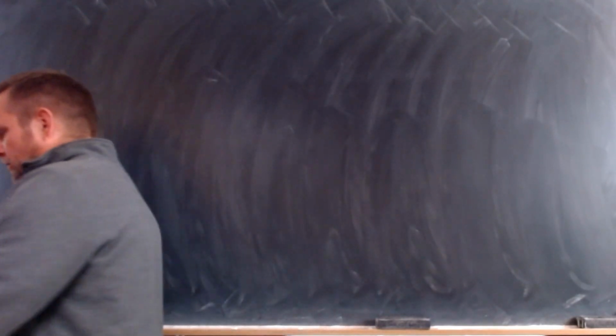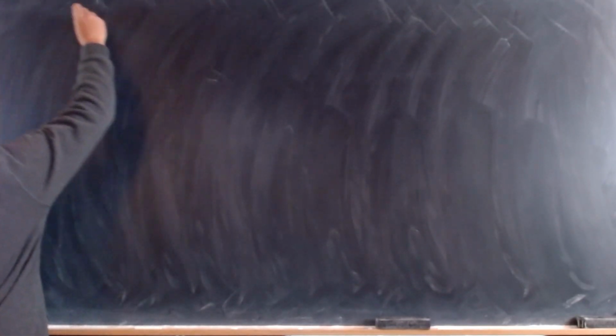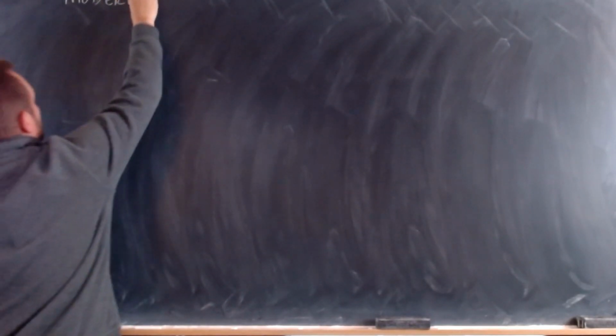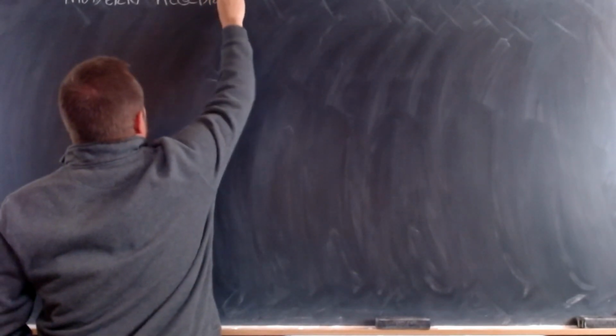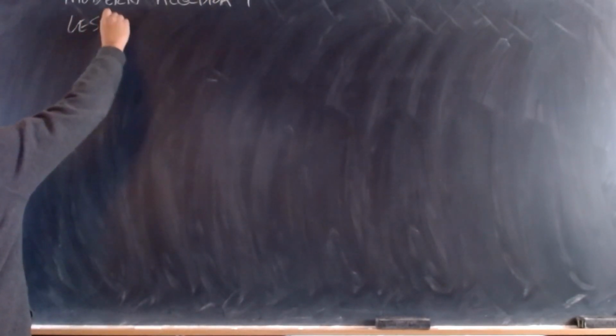Let's prepare our notes. Put your name and date at the top of your paper. This is Modern Algebra 1, and this is labeled as Lesson 4 in the Study Center.